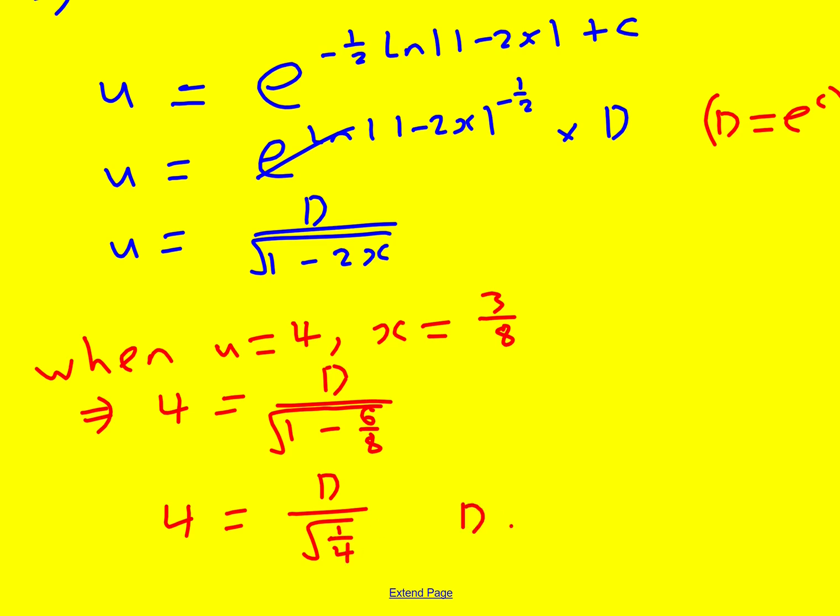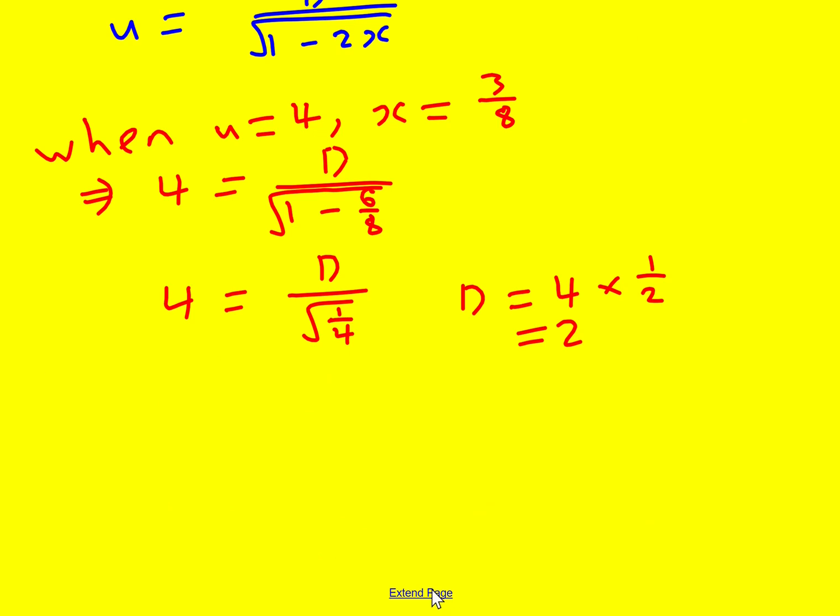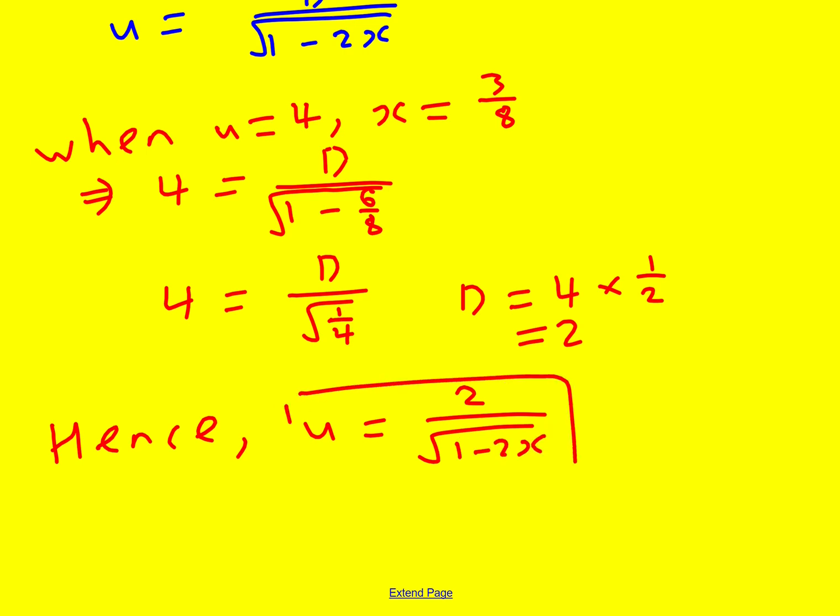So d is going to be 4 times the square root of a quarter, which is simply a half. So I'm going to get 2. And finally, hence, u is equal to 2 over the square root of 1 minus 2x. All right, really nice question using these different aspects of differentiation and integration. I like it a lot.